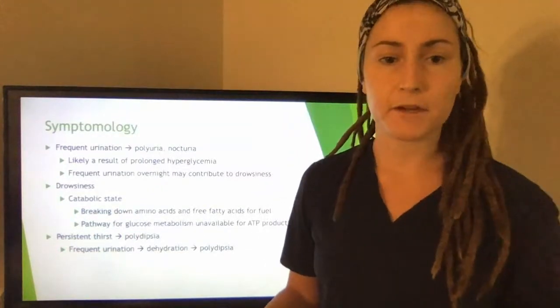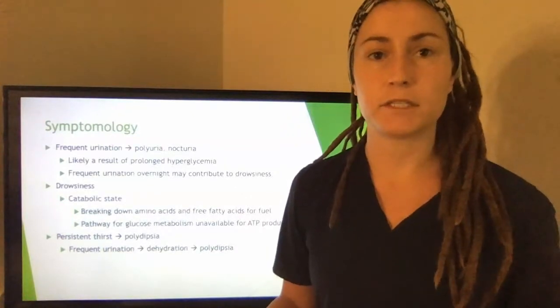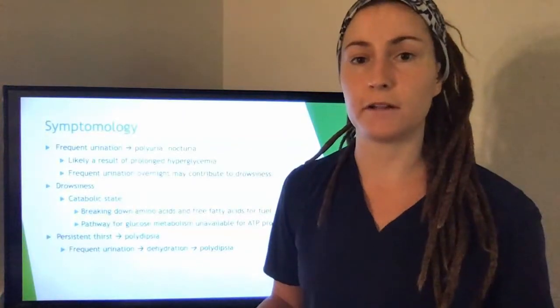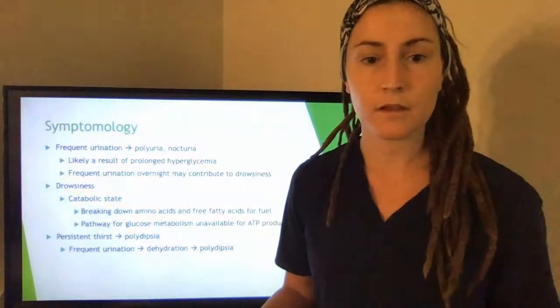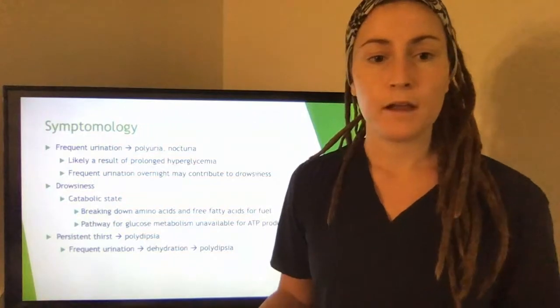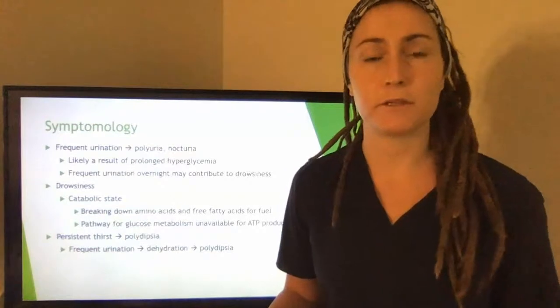So we have frequent urination, which is also known as polyuria or nocturia, termed that way because the patient can be up urinating frequently throughout the night. This is likely a result of prolonged hyperglycemia. This frequent urination throughout the night can also contribute to drowsiness.